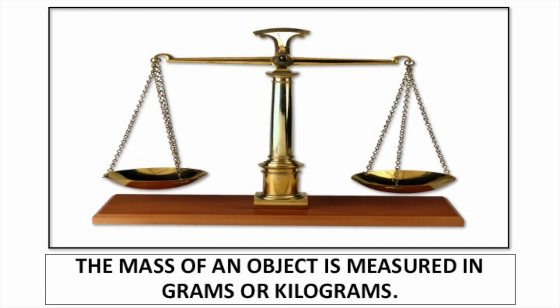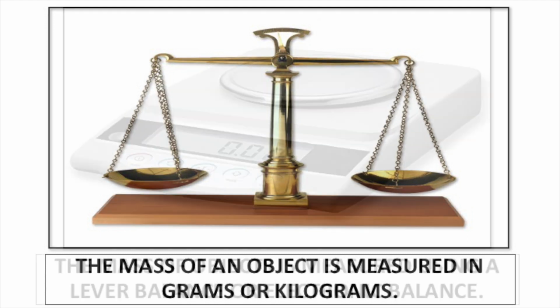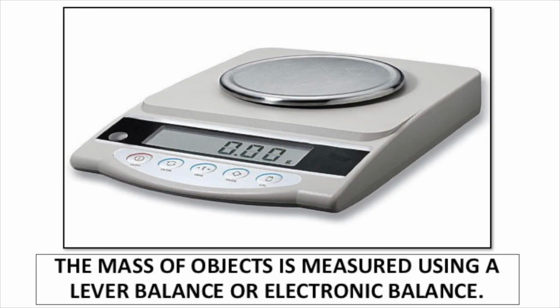Because once we get 1,000 grams, we've got 1 kilogram. The mass of objects is measured using a lever balance or electronic balance. What can we see in the picture here?